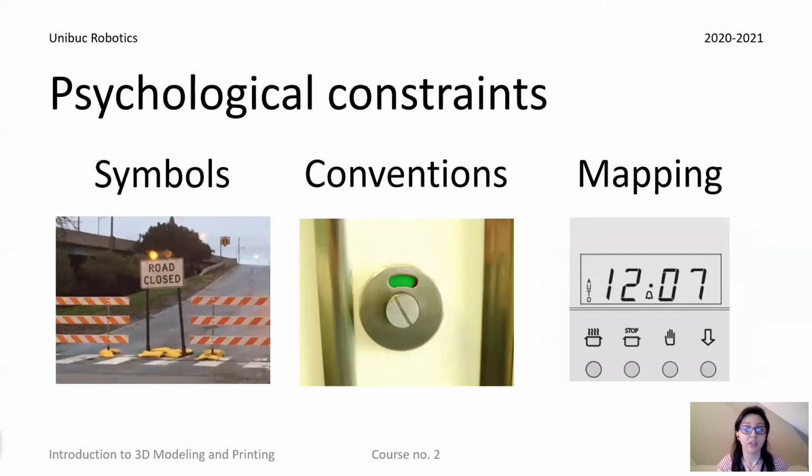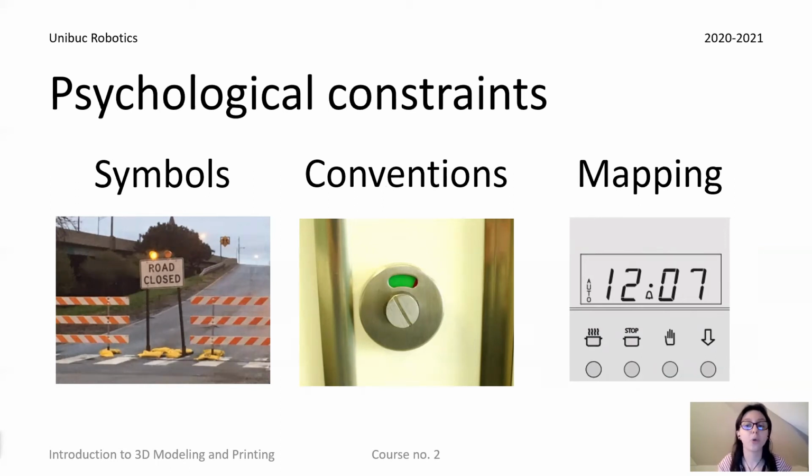The second model, the physiological constraint, refers to the technique of limiting possible user actions by leveraging the way people perceive their environment. And here we can talk about three types: symbols, conventions, and mapping.